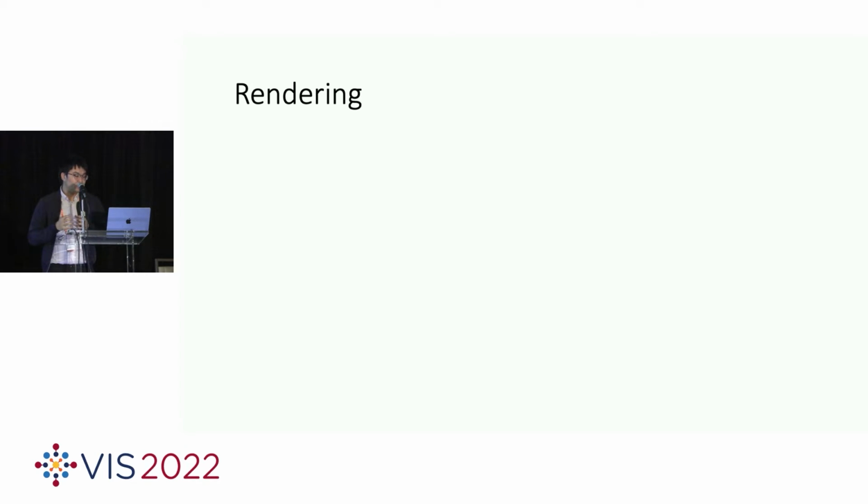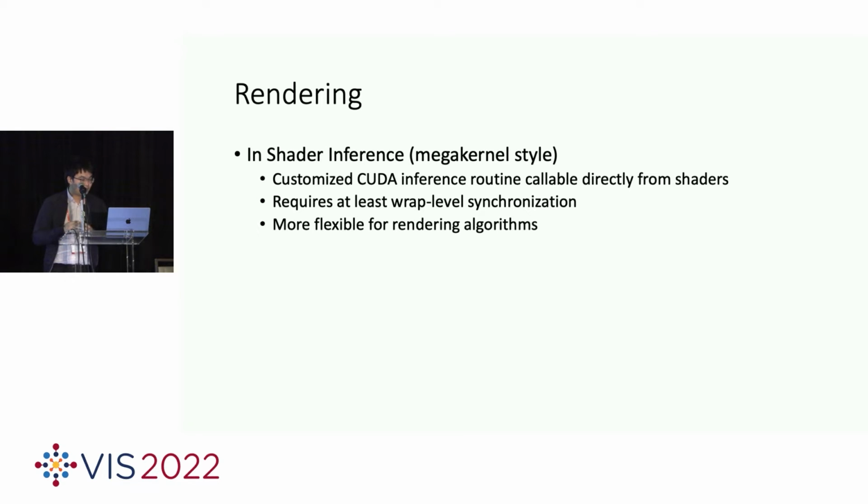So to render the representation interactively, special rendering techniques are needed. And we developed 2 special techniques following different principles. For example, we can allow the neural network to be directly inferenced in the shader program. This requires a customized CUDA inference kernel, and it generally resembles the megakernel paradigm for writing an interactive ray tracer.